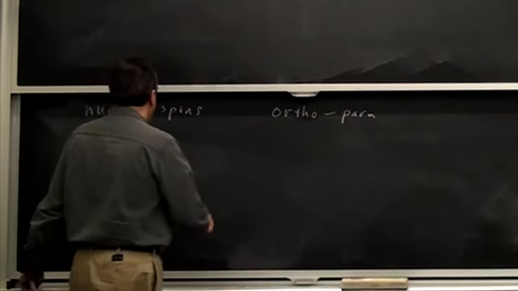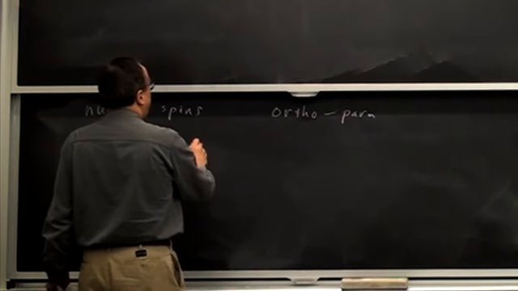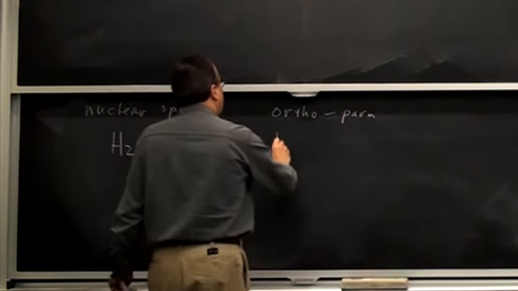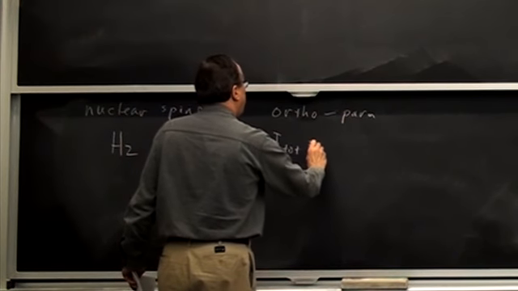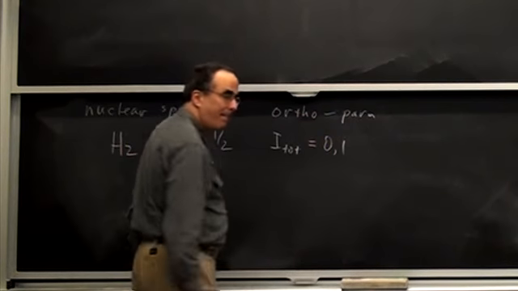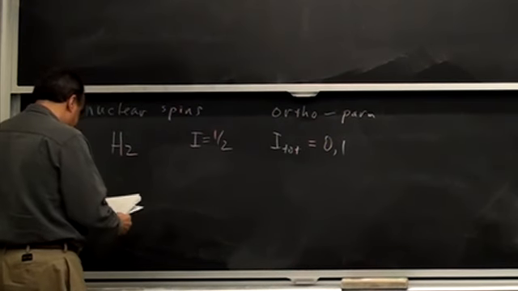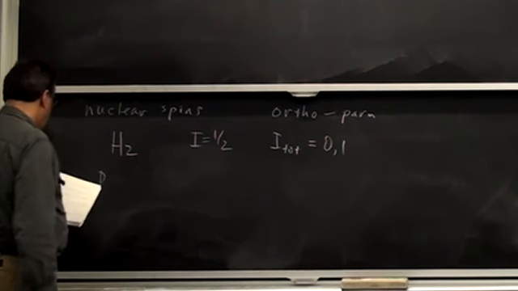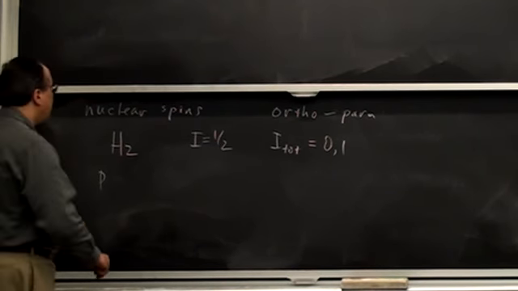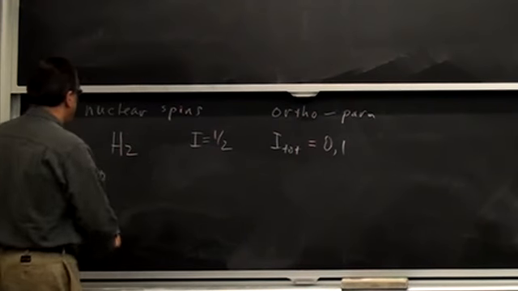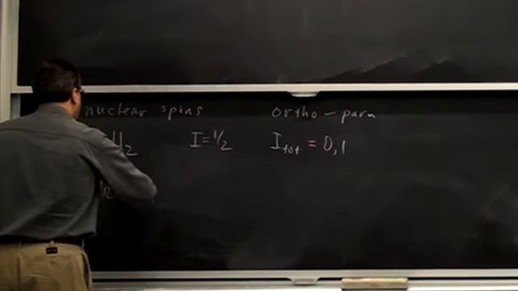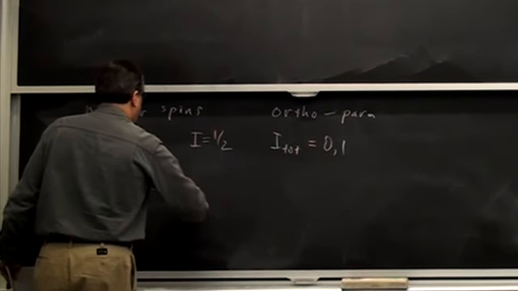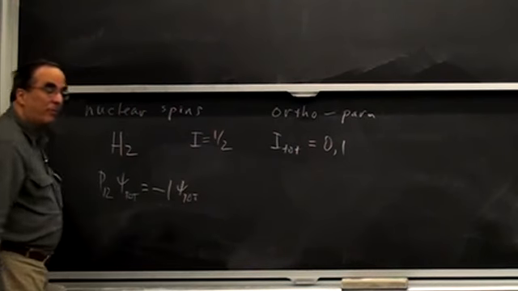So for hydrogen, we have 2 fermions, and the spin of each is 1/2, and so the total nuclear spin is either 0 or 1. Now it's required that the overall permutation symmetry, P12, for the total wave function has to equal -1 times the wave function for fermions.